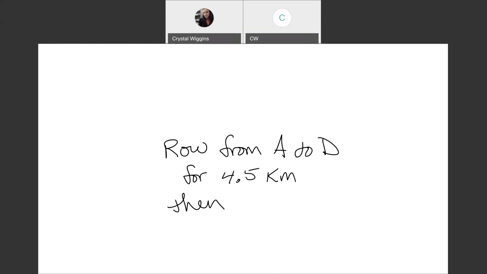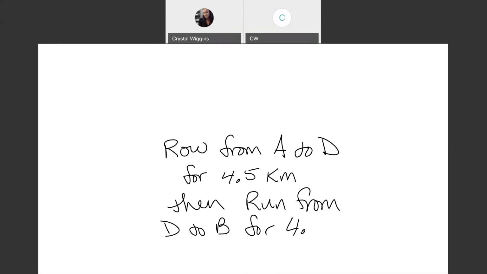Then run from D to B for, and I believe we said that was 4.6 kilometers. Essentially, half of his distance he should be rowing, and half of his distance he should be running. And we could figure out the time, but I don't believe the problem actually asked for that. I believe it just asked for what path he should take.